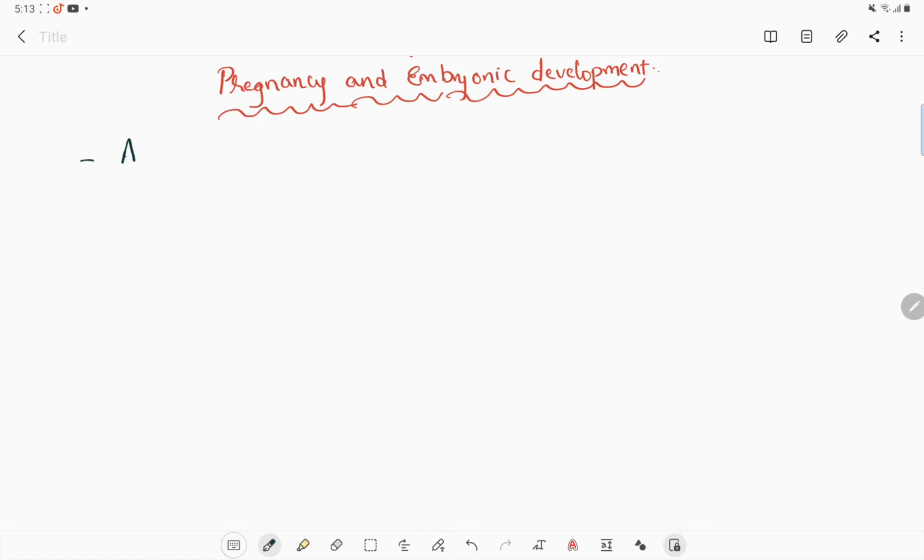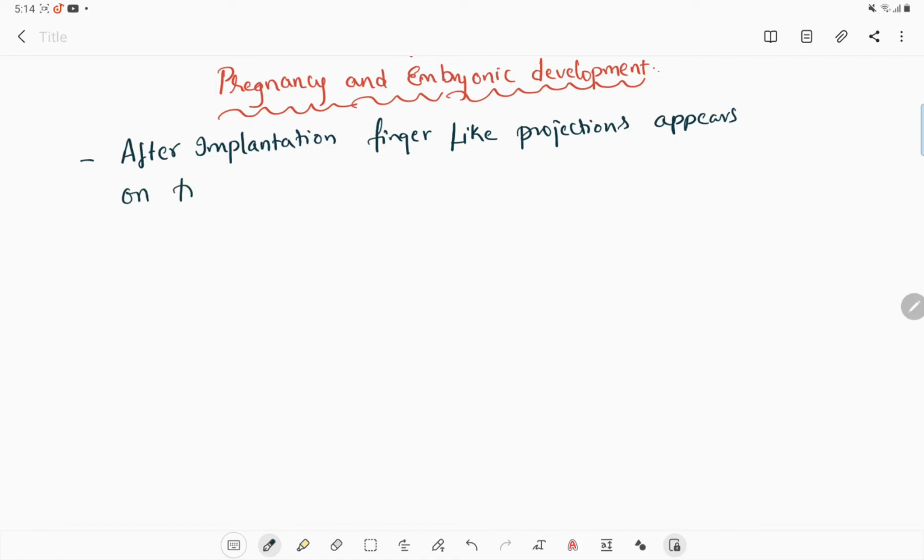After implantation, finger-like projections appear on the trophoblast.